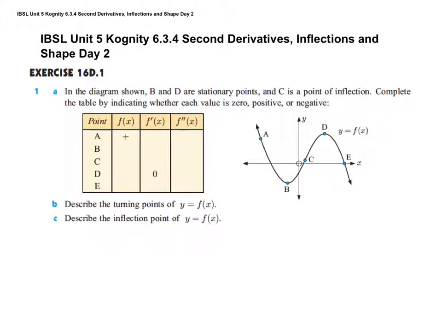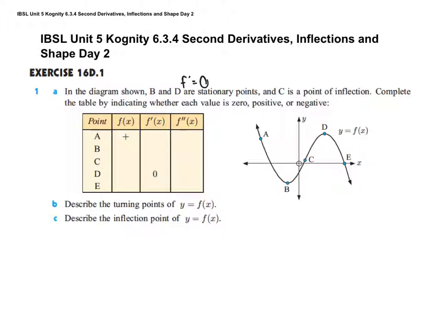It could be a max, min, or a plateau. The derivative of the function is 0. That's right. So here, f prime equals 0.